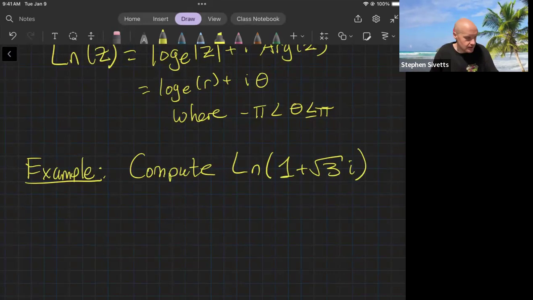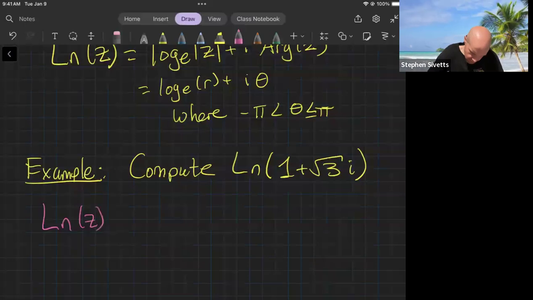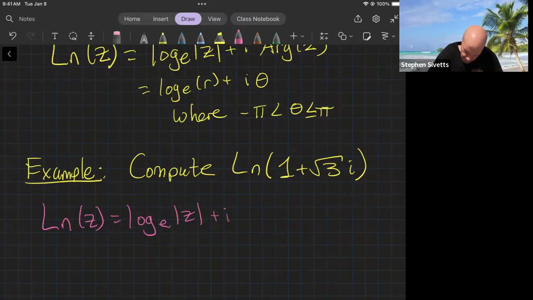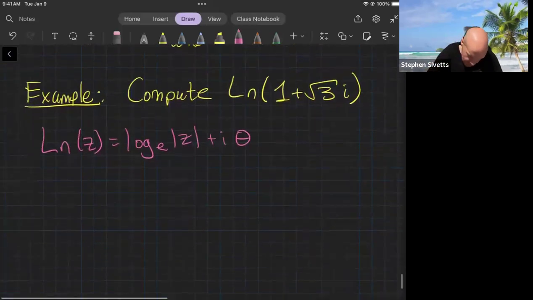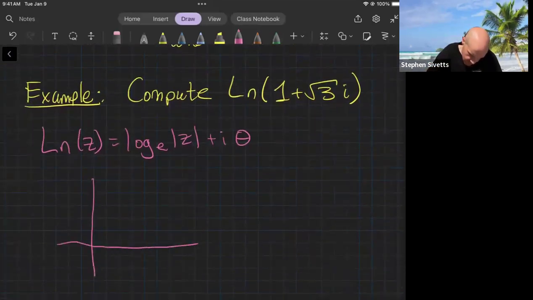So let's actually look at how we would compute the principal logarithm for this complex number, 1 plus root 3i. 1 plus root 3i is in the first quadrant.